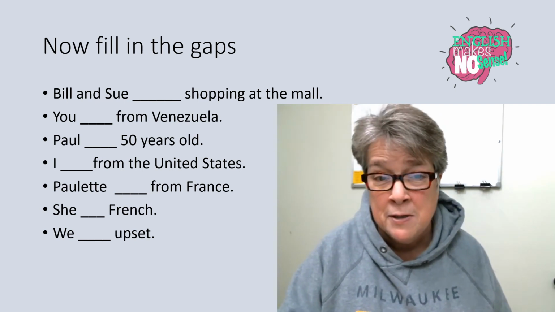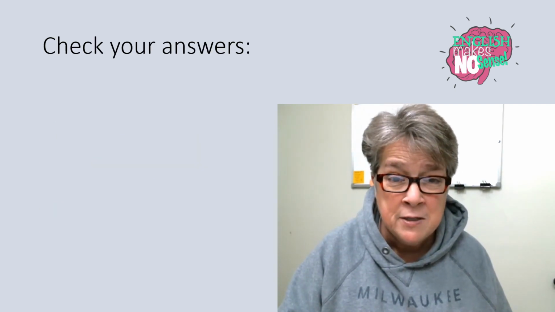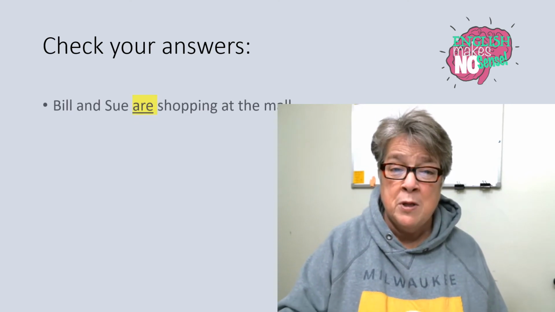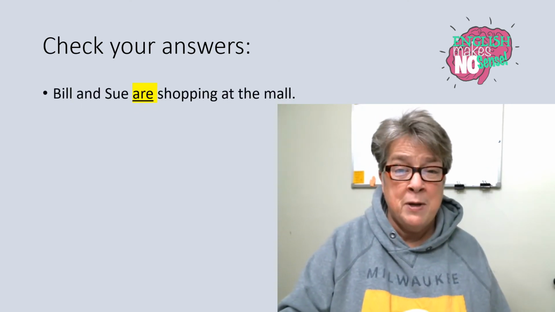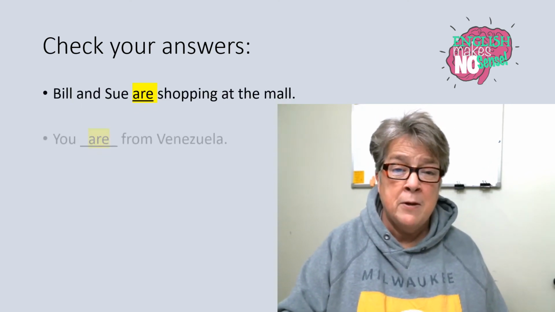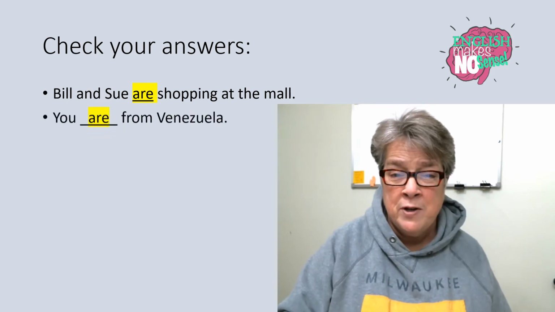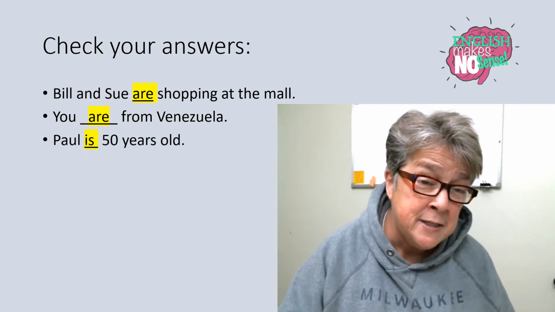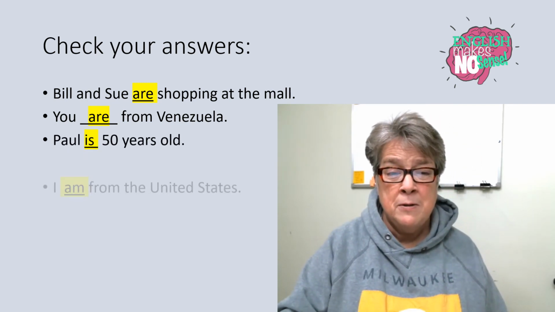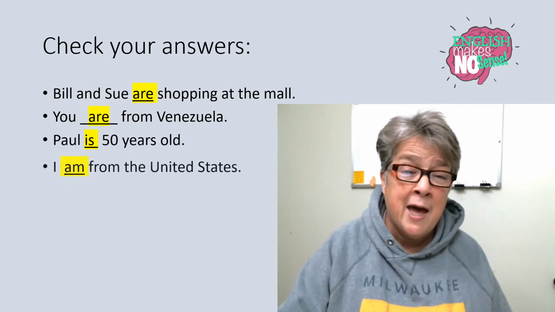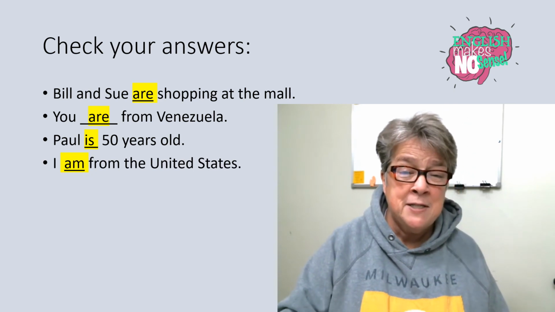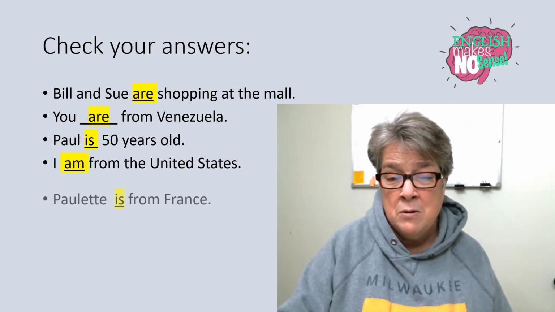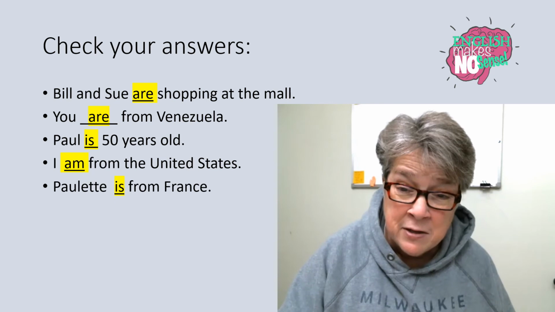Check your answers. Bill and Sue are shopping at the mall. You are from Venezuela. Paul is 50 years old. I am from the United States. Paulette is from France.